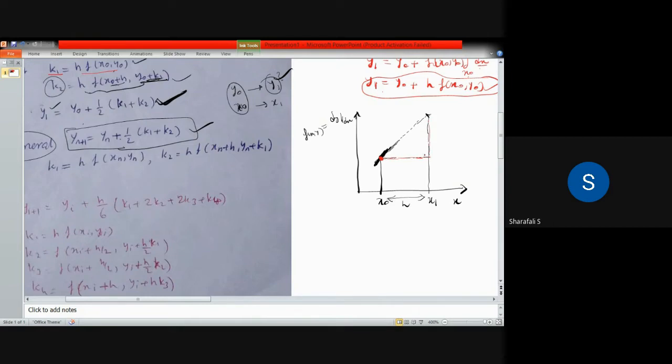This is your first y value, y0. From that y0, how much is the height for the next y value? So this is your y1, which will be given by this slope, dy by dx, or f of x0 comma y0, multiplied with this h.